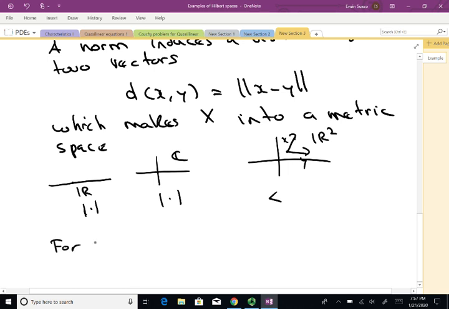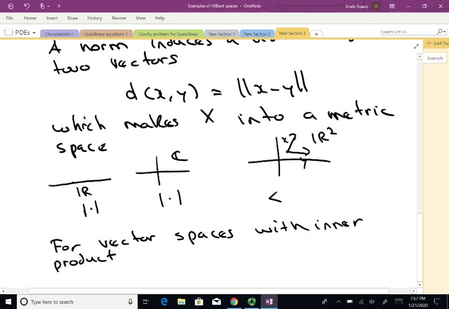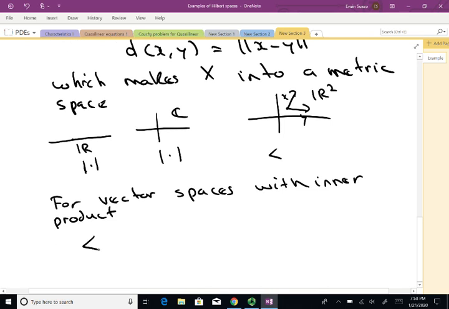It turns out that for Hilbert spaces, or for vector spaces with inner product, if you take the inner product and take the square root of that, it's going to give you the norm of x. So in R2, R3, R4, all you have is this inner product.